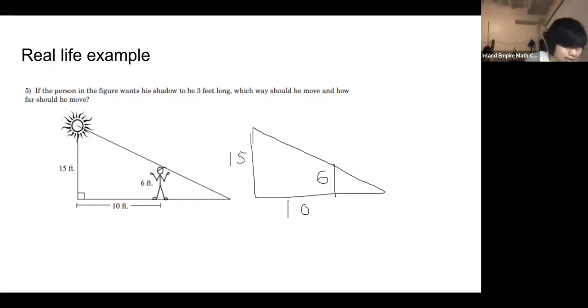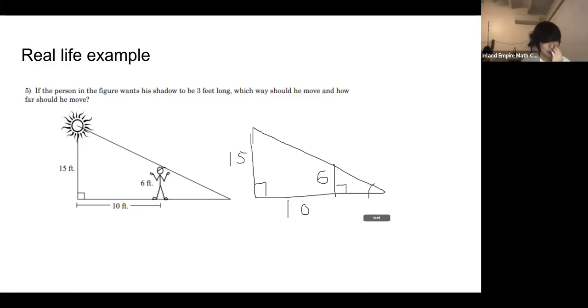And we know that this triangle right here, this triangle on the bottom, is similar to this big triangle up here. Why? Well, first of all, these two triangles share a 90-degree angle. Why does it share a 90-degree angle? Well, basically, a person and the light source are all at a 90-degree angle from the ground. So they're all standing up straight. So that means that they're both at a 90-degree angle. And also, they share an angle here. So both this big triangle up here and this little triangle down here have this smaller angle down here.